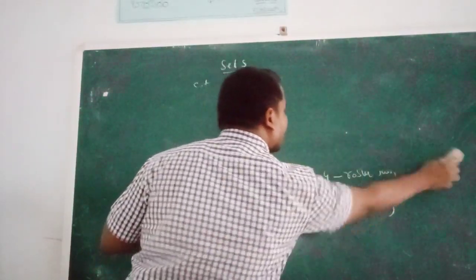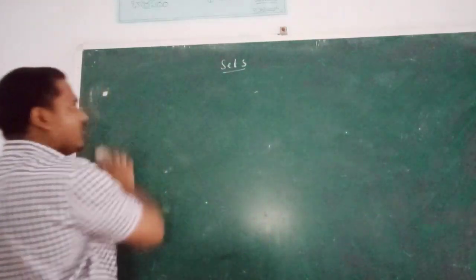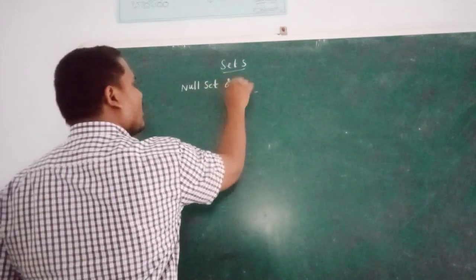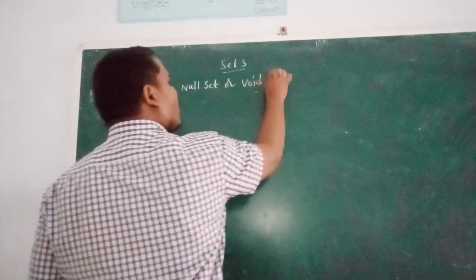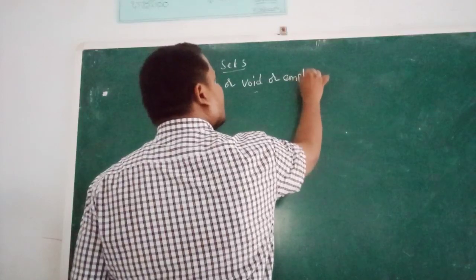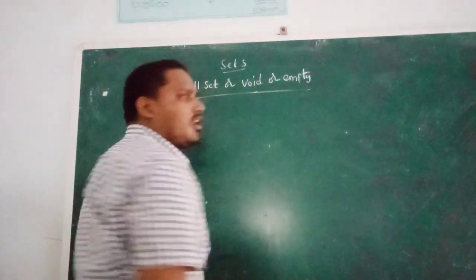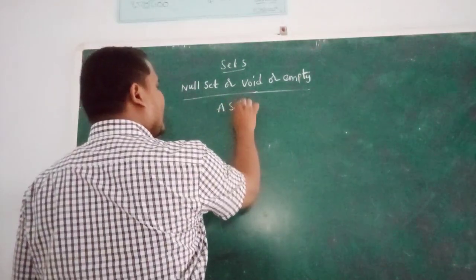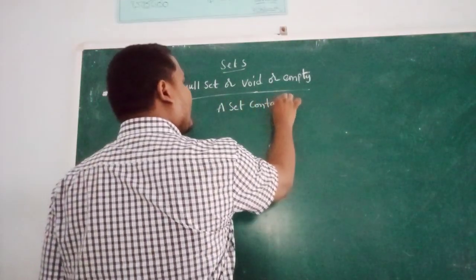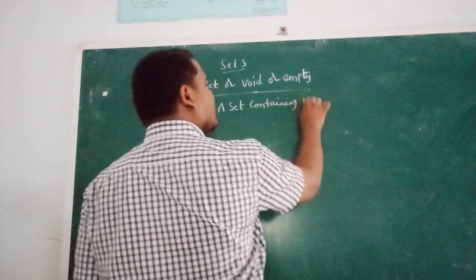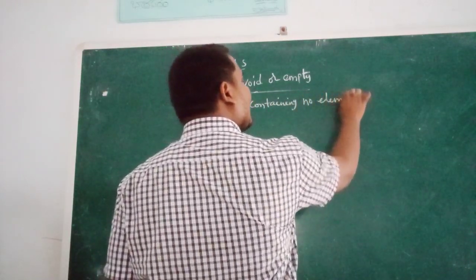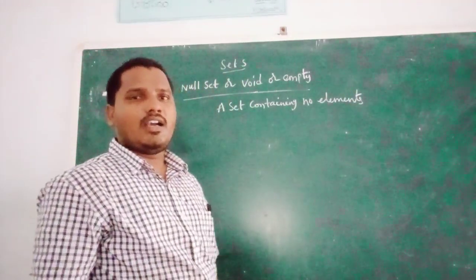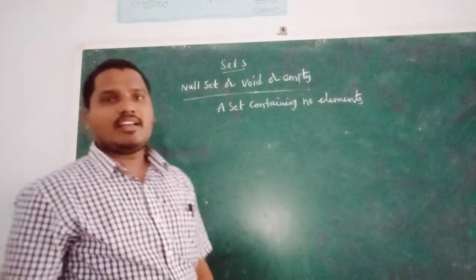Next, in sets, different types of sets are there. First one, null set. It can also be called a void set or empty set. A set containing no elements is called an empty set, void set or null set.